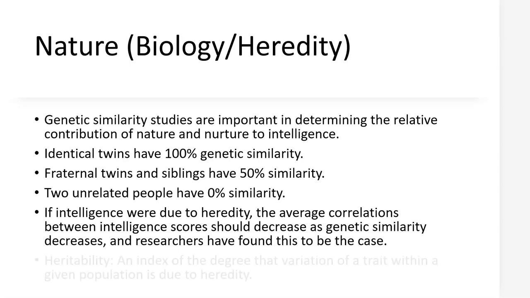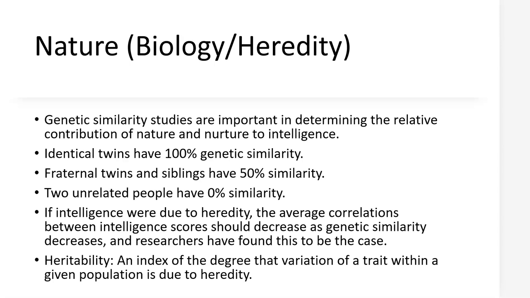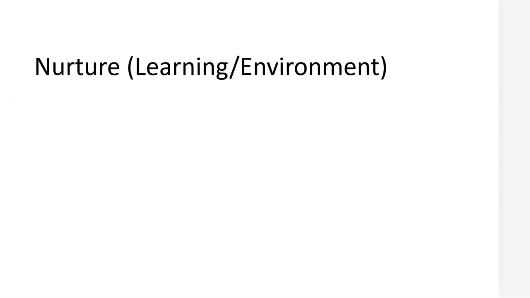So when we talk about heritability, there's a formula for determining the degree to which variability in any given trait is due to heredity. And what we find with the various areas of intelligence, particularly those that have been measured a lot, like those tied to school-based performance, is that identical twins tend to have a high degree of similarity in their scores.